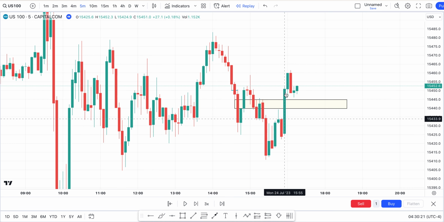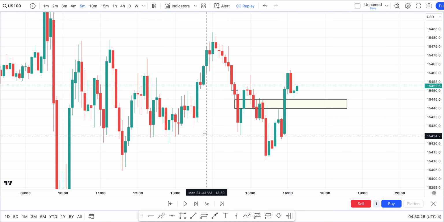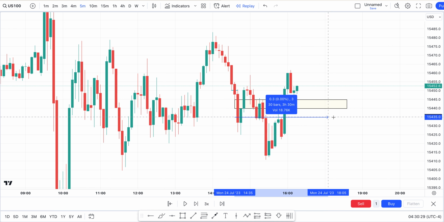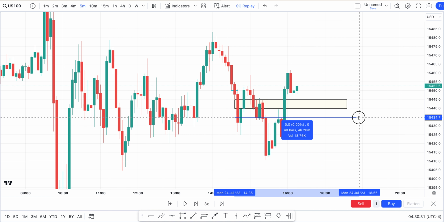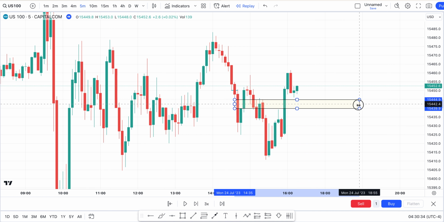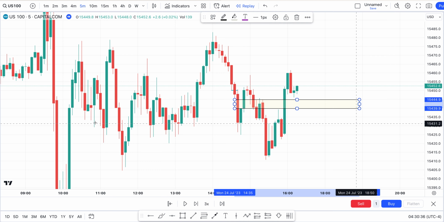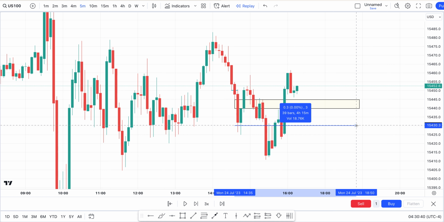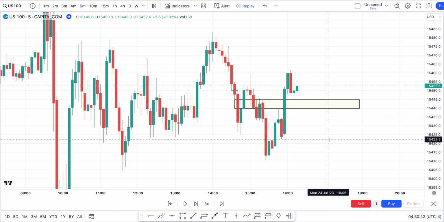So right now I'm looking at this, still this area, and what I usually do is I look 40 bars into the future for this pattern, for this area still to be valid.